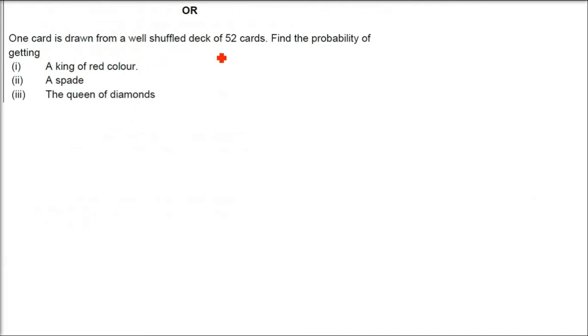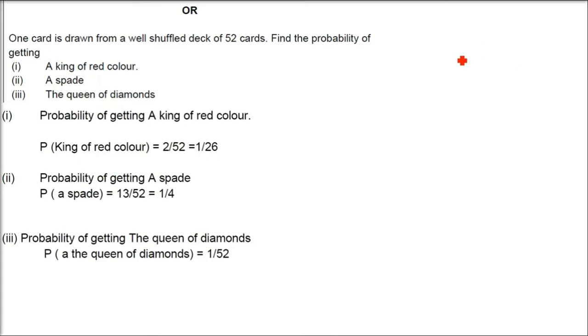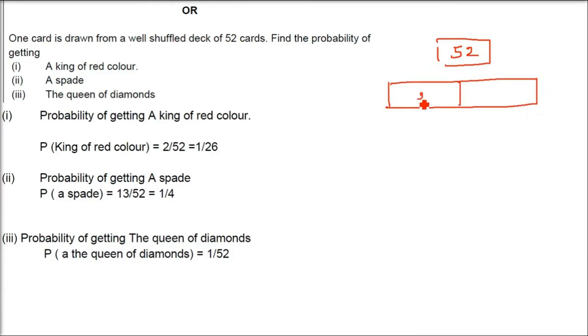One card is drawn from a well-shuffled deck of 52 cards. Find the probability of getting a king of red color, or a spade, or the queen of diamonds. So there are in all 52 cards, and they are divided first into 2 colors, red and black. So 26, 26.